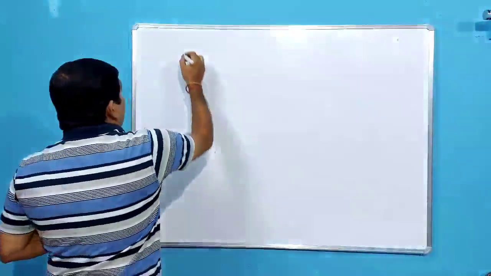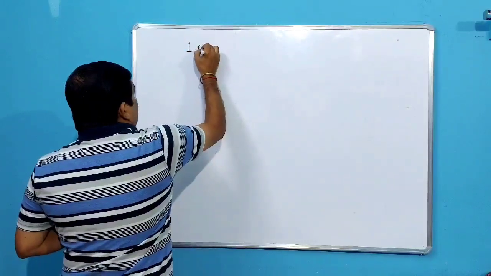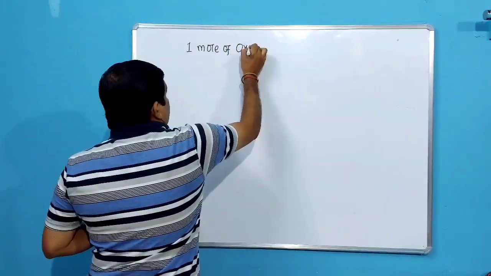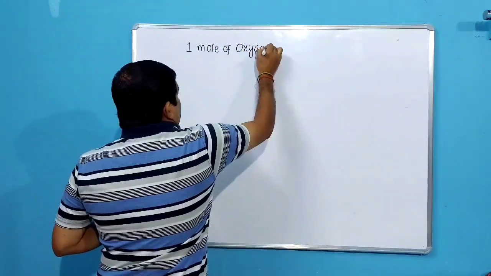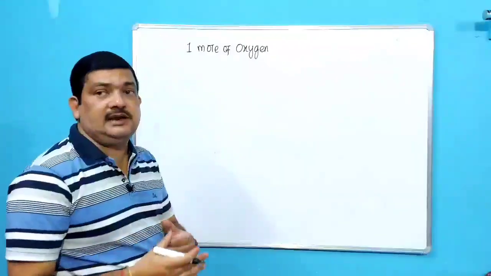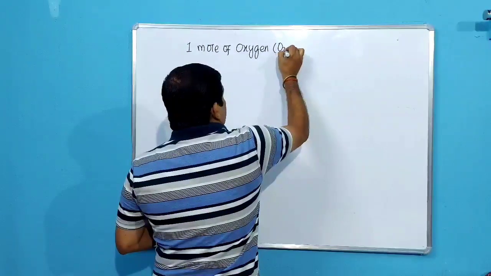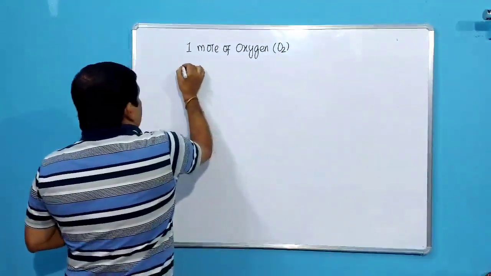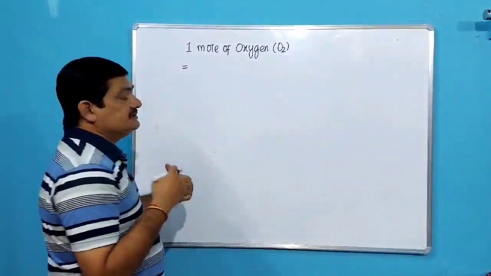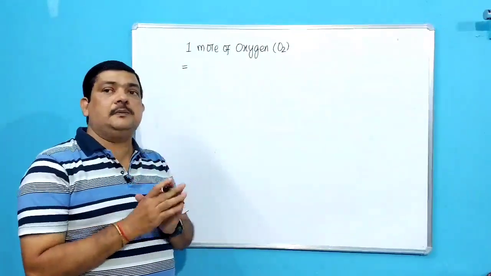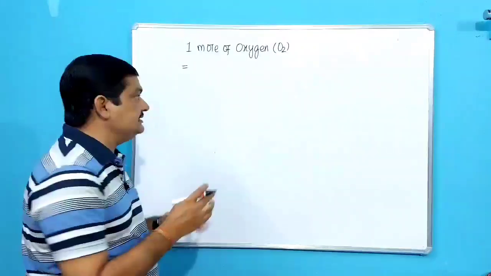Next, if you take 1 mole of oxygen. Oxygen is a diatomic gas. It cannot remain in monatomic form. So oxygen means O2, the oxygen molecule. Let us see in how many ways we can express 1 mole of oxygen. First, 1 mole of any substance means Avogadro number of particles.